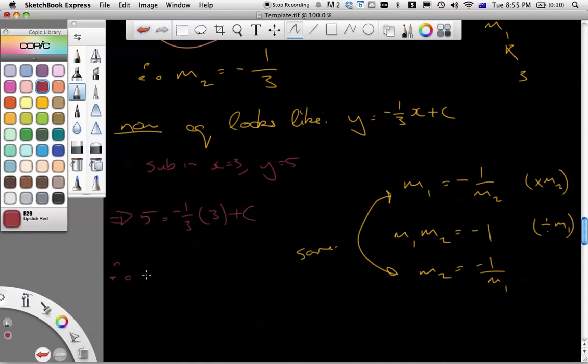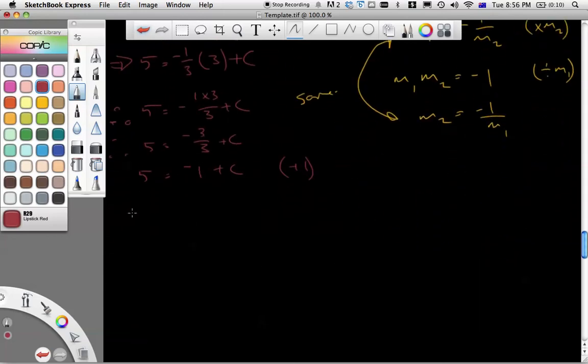Therefore, 5 equals negative 1 times 3 on 3 plus c. I'm doing the steps to make it real super easy. 5 equals negative 3 on 3 plus c. 5 equals negative 1 plus c. And then we add 1 to both sides.